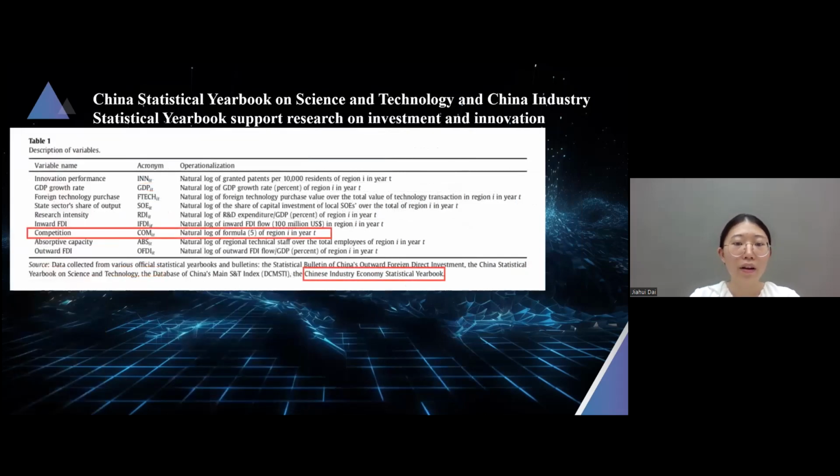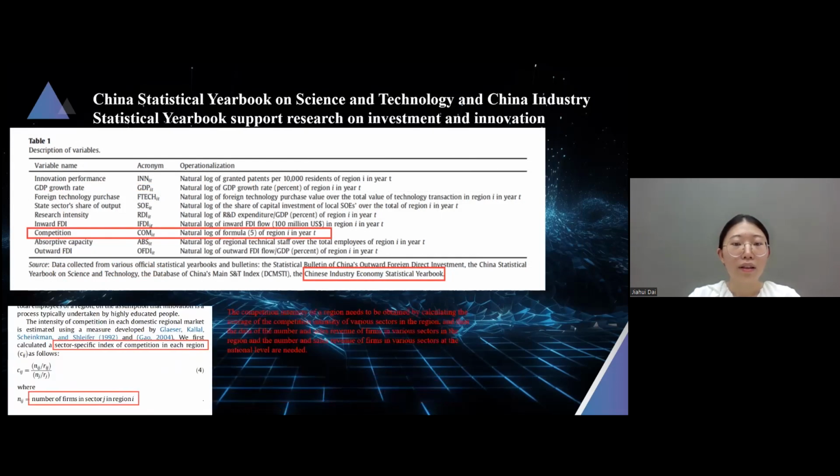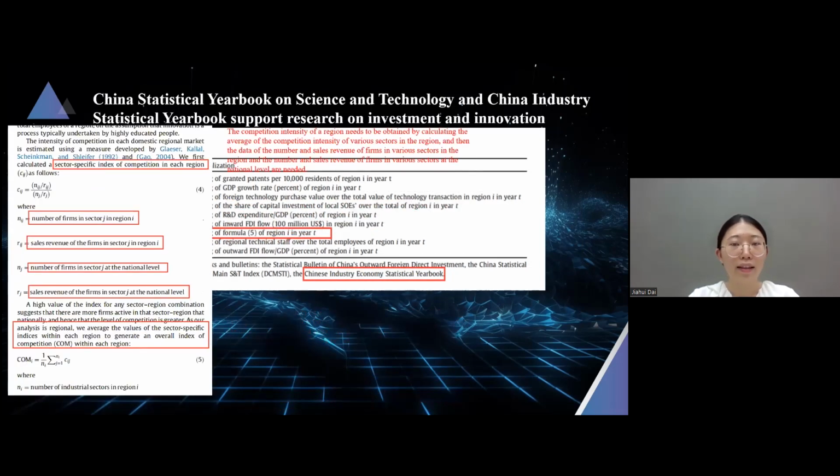Then the calculation of the variable of competition intensity is more complicated. The competition intensity of a region needs to be obtained by calculating the average of the competition intensity of various sectors in this region, and then the data of the number and sales revenue of firms in various sectors in this region, and the number and sales revenue of firms in various sectors at the national level are needed.